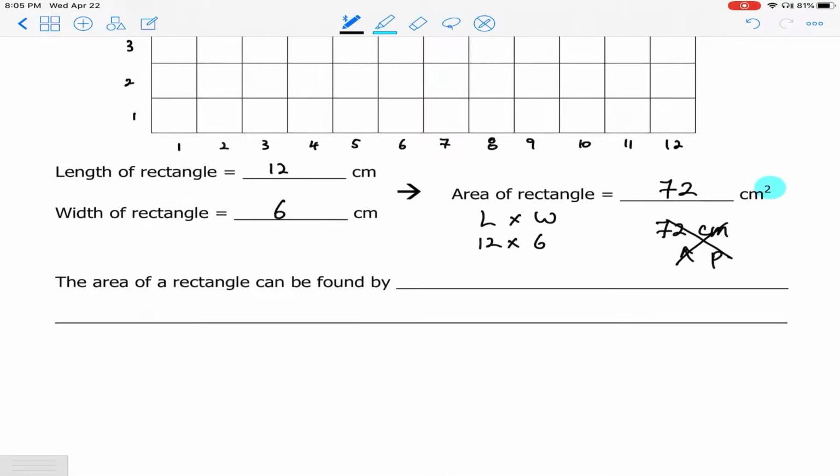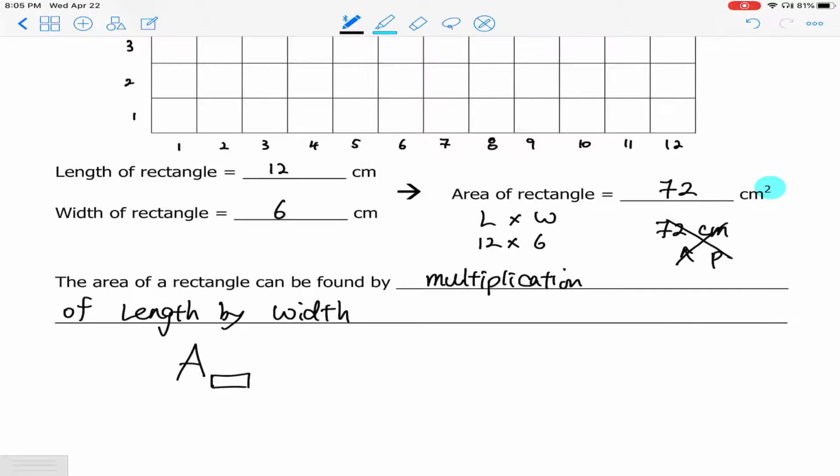So the area of a rectangle can be found by multiplication of length by width. The area of a rectangle equals length times width.